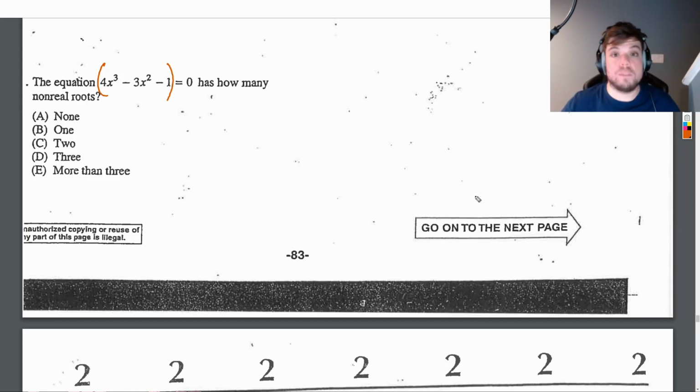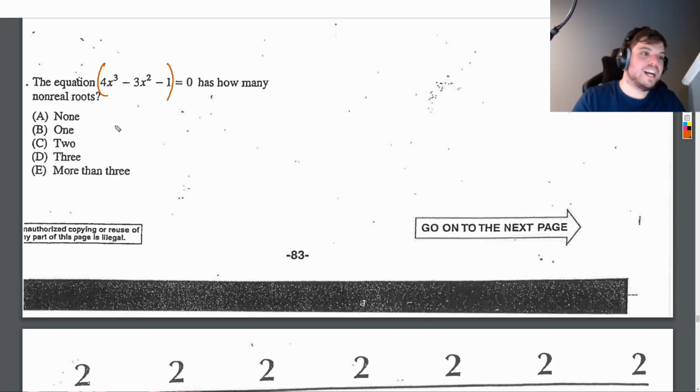There cannot be an odd number of complex roots. Now, the way to say that is, for every complex root, there is a complex conjugate root. For every complex root, there is another complex root.